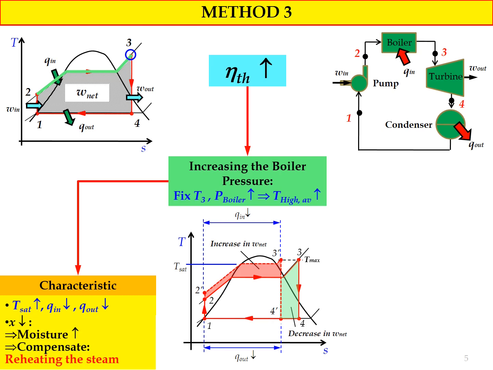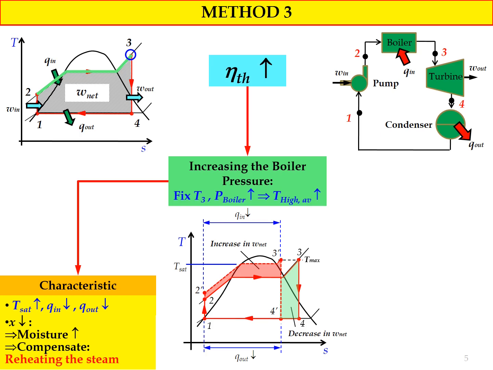And the other characteristic, the value of steam quality will decrease, represented by state number 4 prime. If you compare with state number 4, state number 4 prime will have a lower value of X, which means we will have more moisture content during the expansion process in the turbine.